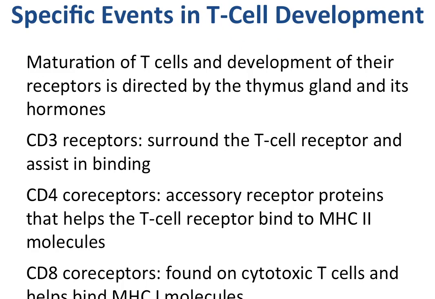So we have talked about the CD cluster. CD3 can be found on the T cells. CD4 is also found on the T cells, specifically the helper T cells. CD8 is found on cytotoxic T cells.